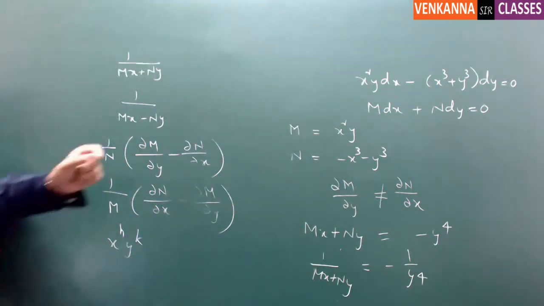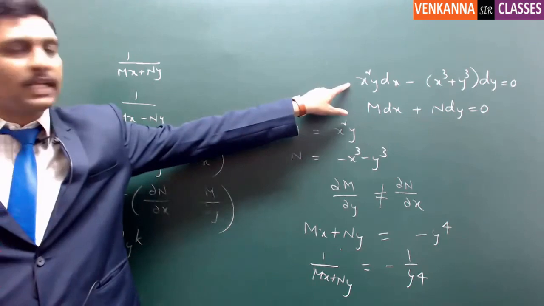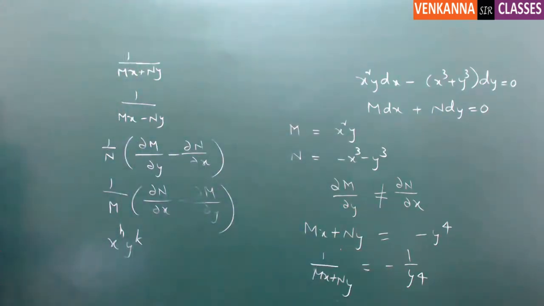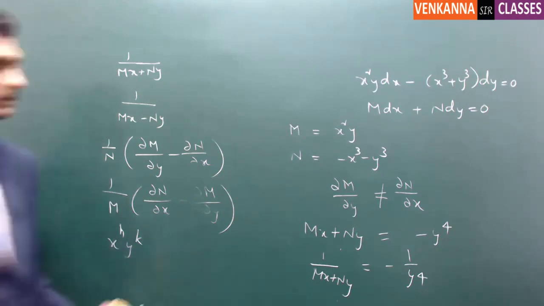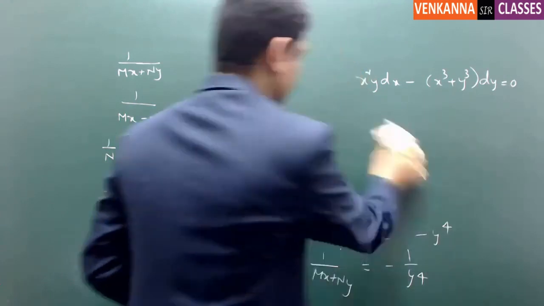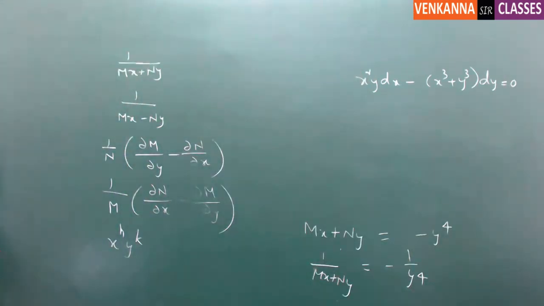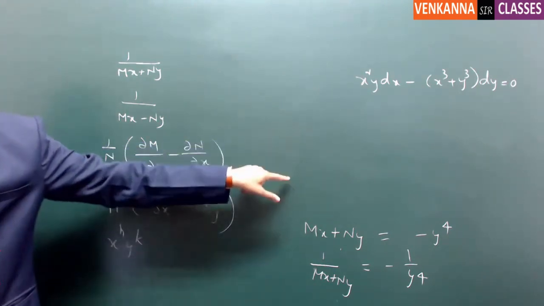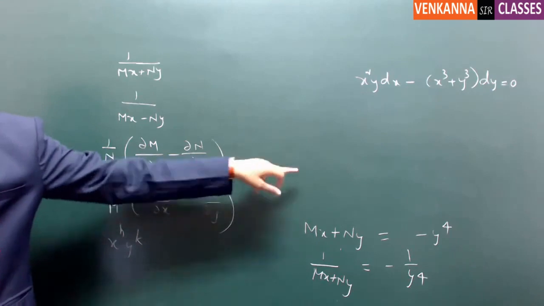Now we are going to multiply the given equation with this value. So, multiply the given differential equation with the integrating factor. I will write the value straight away. Earlier, I calculated dou m by dou y and dou n by dou x, and I mentioned that also.